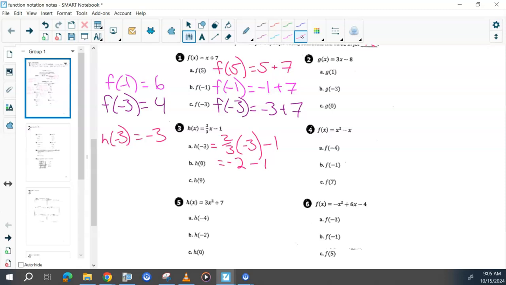Do you have any questions, confusions that we want to clear up now before it gets complicated? This negative 2. So when we multiply these two together, that's what that would equal. So you could check that in your calculator or do that part by hand. Okay, moving on to the next one. H of 0.